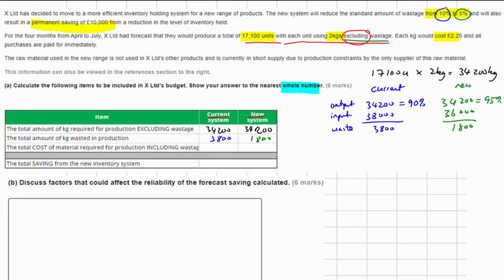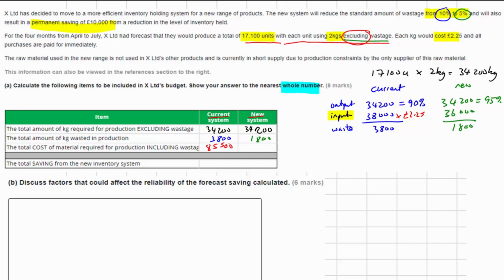Then it asks, what's the total cost of this going to be? Our total cost is going to be based on the input, isn't it? So we take the 38,000 multiplied by the $2.25, and that gives us a cost of 85,500.